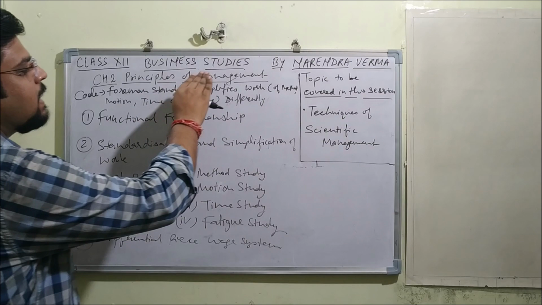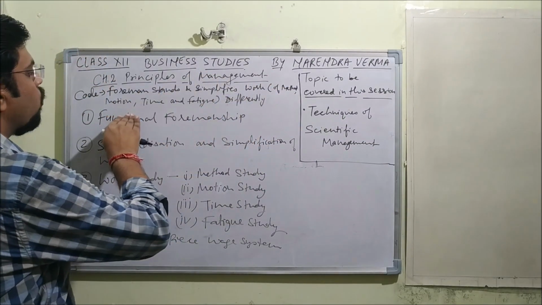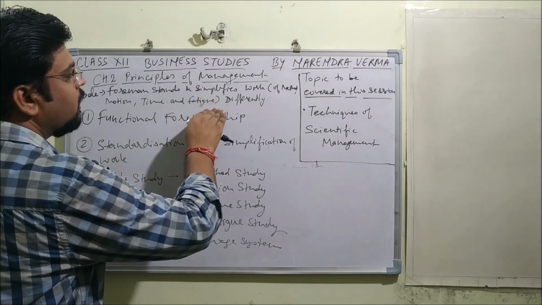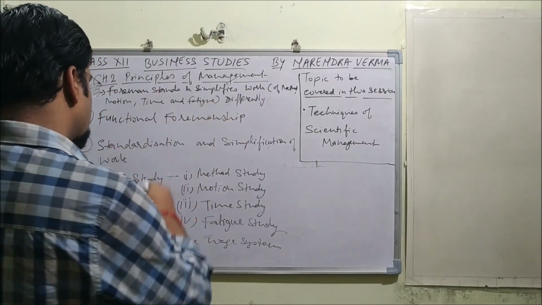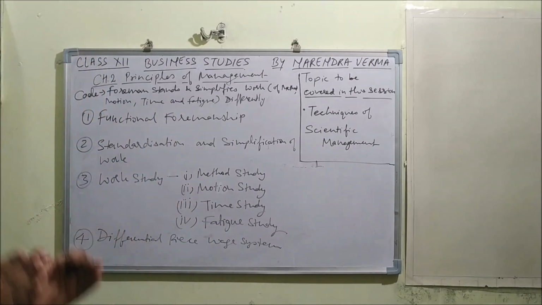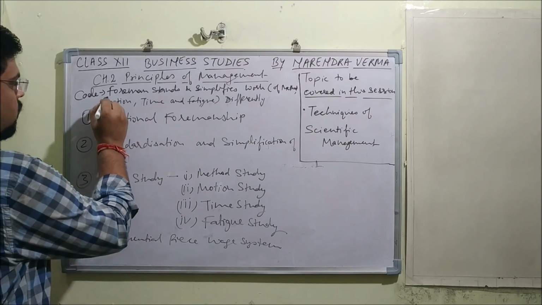Foreman stands and simplifies work in bracket of method, motion, time and fatigue differently. If you remember this code, you will remember all the techniques and sub techniques of F.W. Taylor. How? I explain to you.